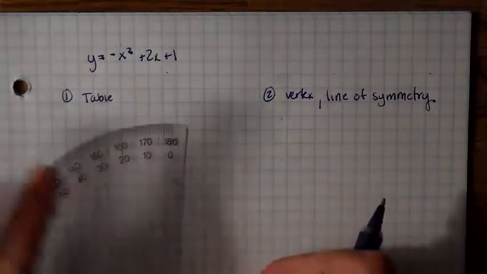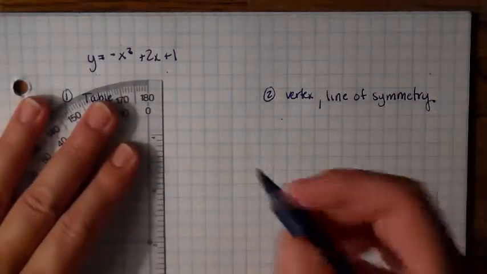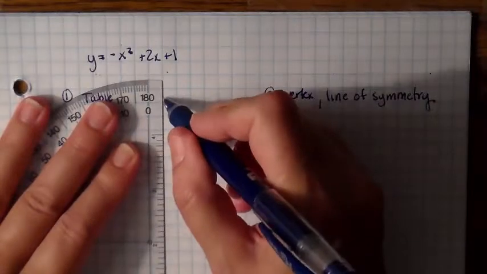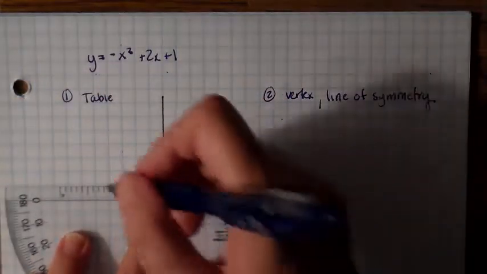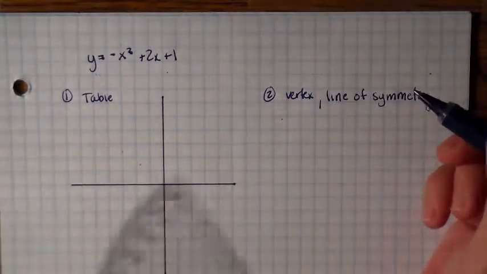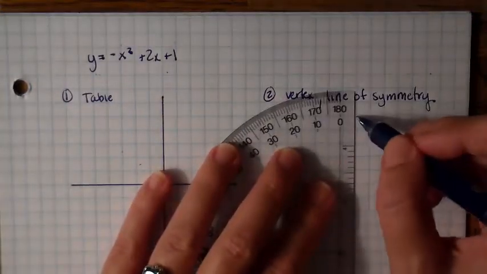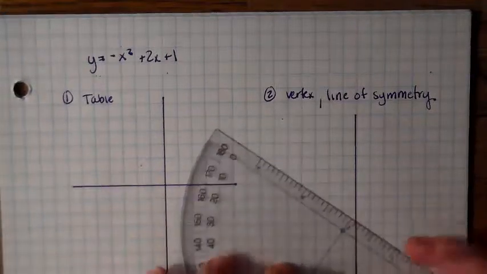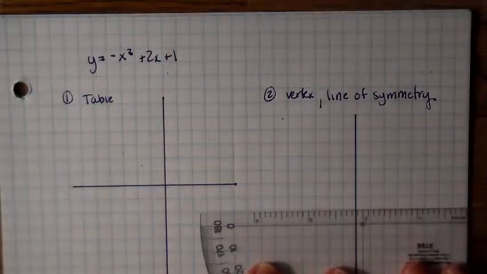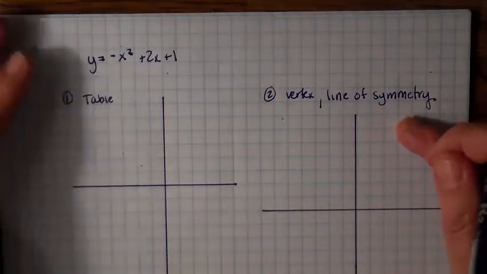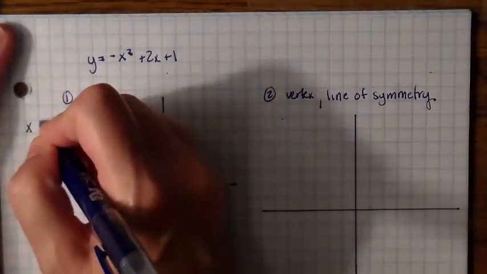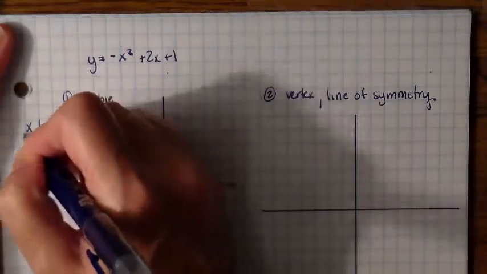So first, I need to go ahead and make a coordinate plane. I'll make another one over here. Okay. Using a table, I'm making a table of x and y values.